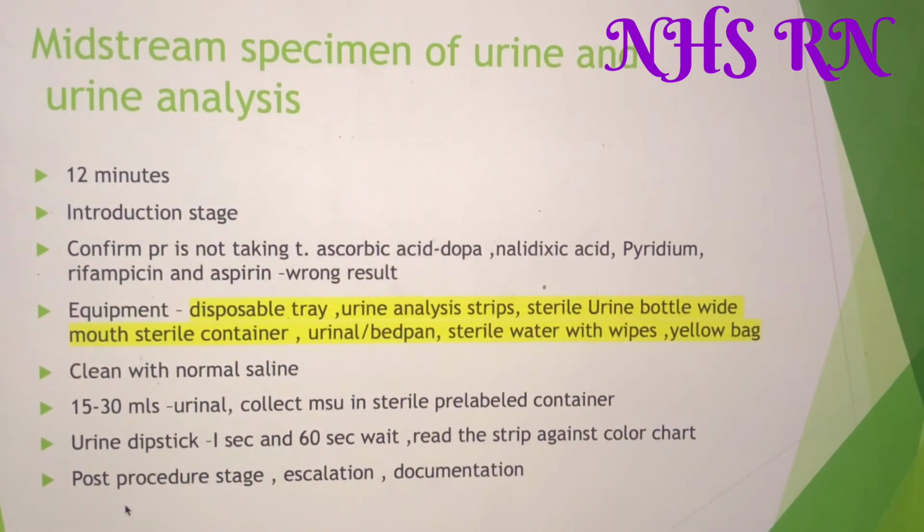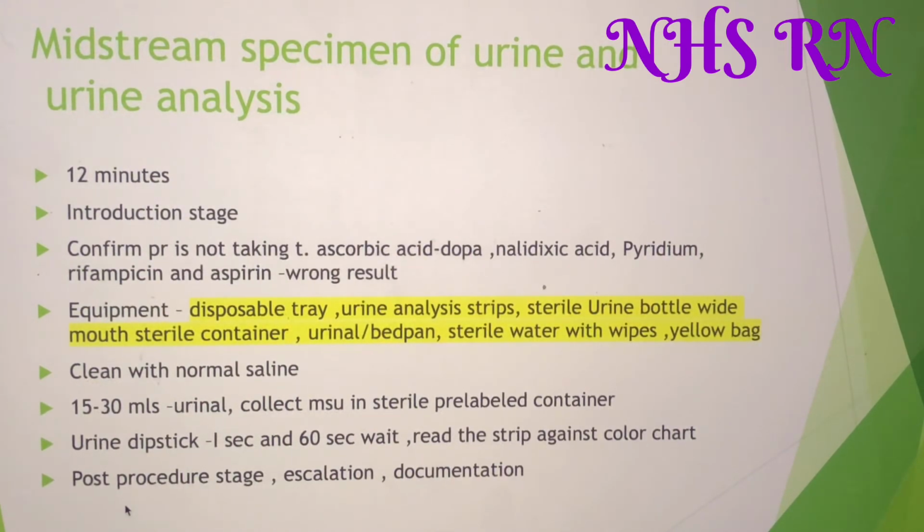Then you need to confirm with the patient whether the patient is taking any tablets of ascorbic acid, dopa, nalidixic acid, pyridium, rifampicin, or aspirin. Those also give a wrong result, so make sure the patient is not taking these medications at the time.